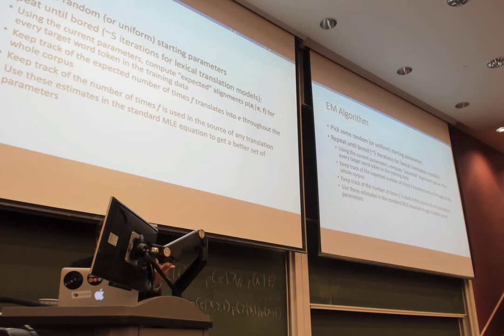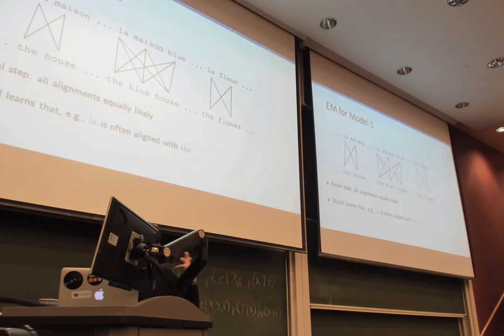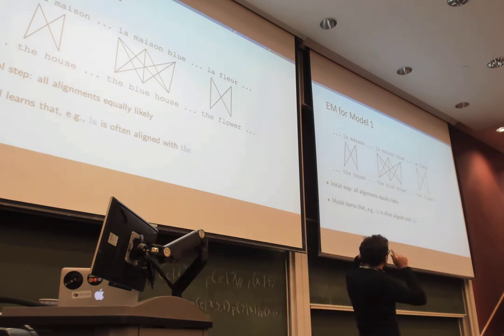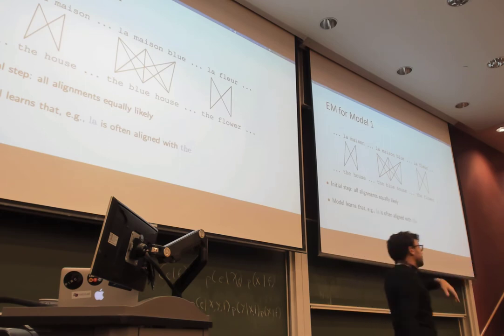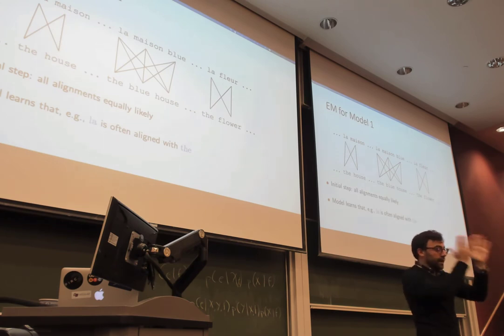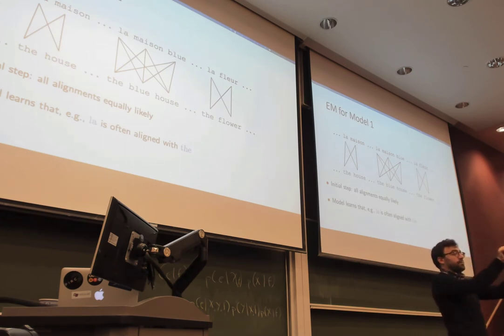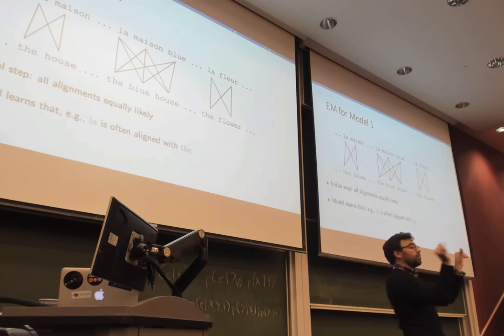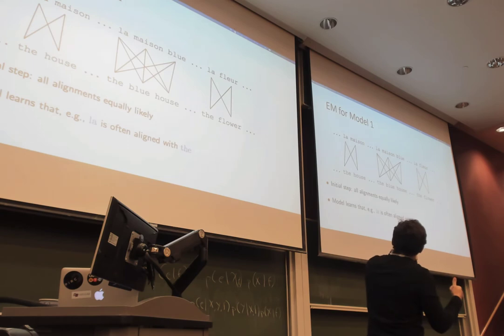And essentially what happens is that, in this IBM Model 1 case, first you start with uniform alignment, right? So for every pair of parallel sentences, any word here can be aligned to any word here, okay? So you compute not complete counts, not integers, but fractional counts, okay?